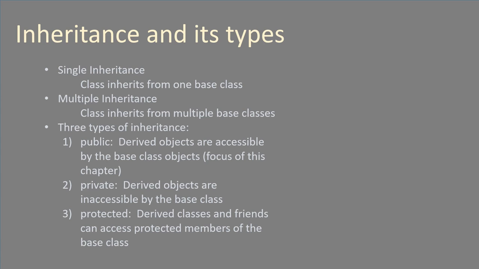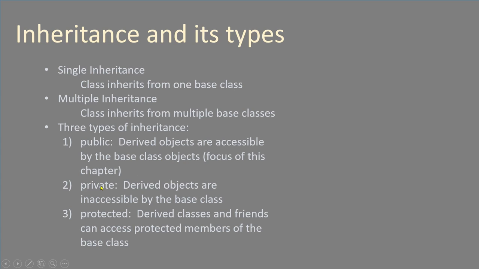Okay, we have three types of inheritance. They define the scope of the features inherited, meaning when they are accessible and where they are accessible. For example, public, private, and protected. For public inheritance, the derived objects are accessible by the base class objects.